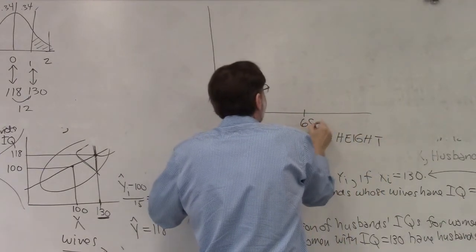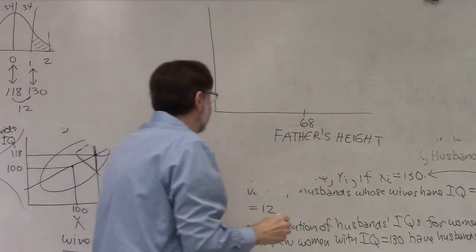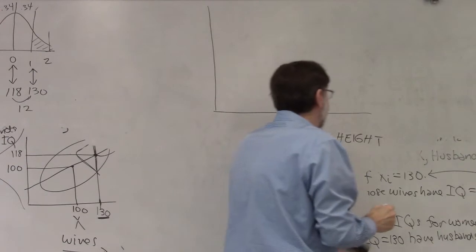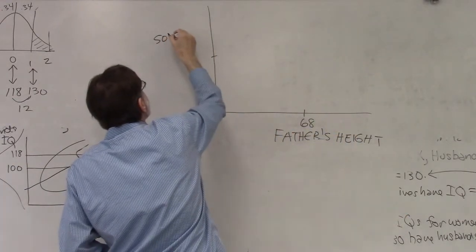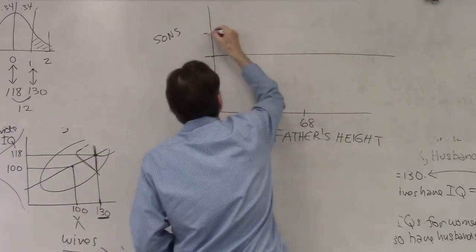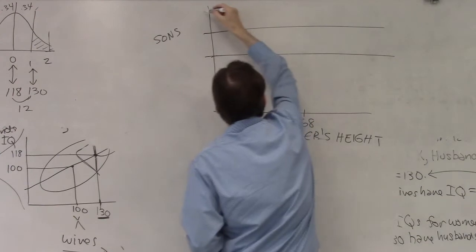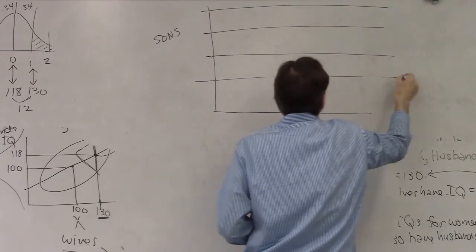And the fathers, he found that the average height of the fathers in those days was 68 inches, and that was the average height of the sons.